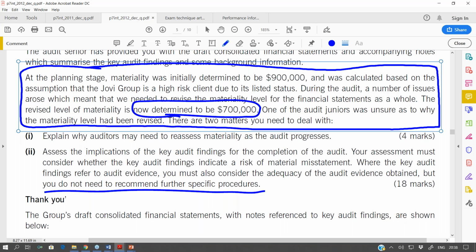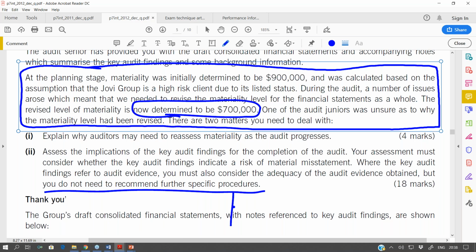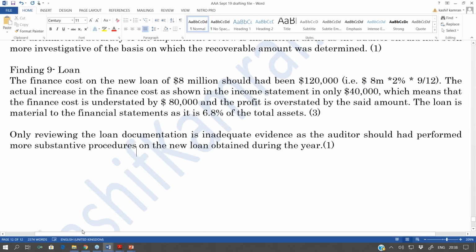So firstly, when you're writing the answer, try to mention that the gain on revaluation is above the revised materiality, and the auditor should have done work on revaluation, right? Let me draft that for you. We were discussing finding number 4 on revaluation. Okay, let's give you another drafting.